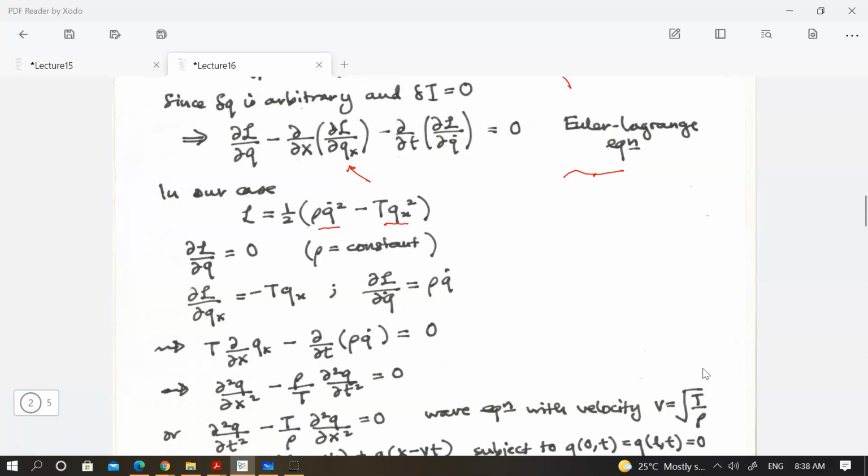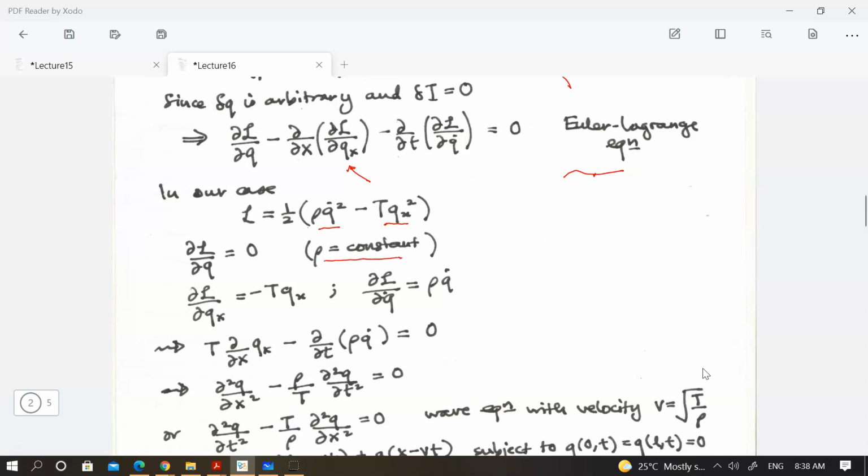Okay, so if you take the partial derivative of L with respect to Q, this curly L is your Lagrangian density now, so I'll just say L at the moment. So partial L, partial Q, there's no Q here, so it's going to be equal to 0. The other assumption that I have to make is rho is constant.